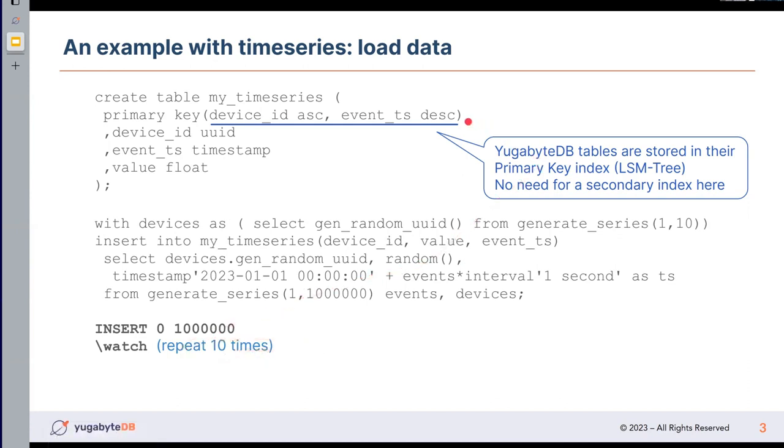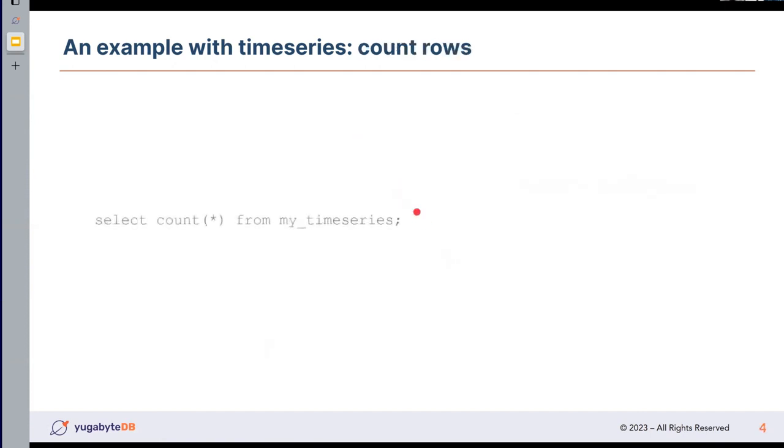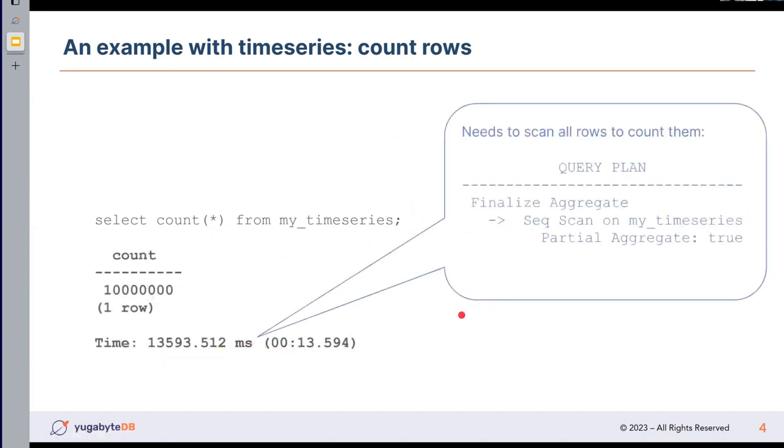And the most important thing, as I mentioned, is that Yugabyte stores everything in the primary key, and that's much faster when you have no secondary indexes. The count is not so fast because it has to scan all the rows and count them.